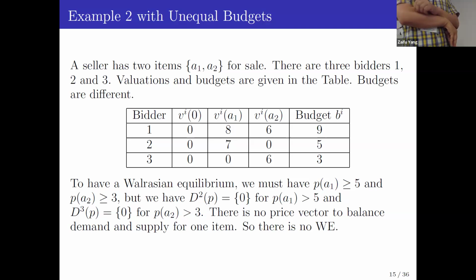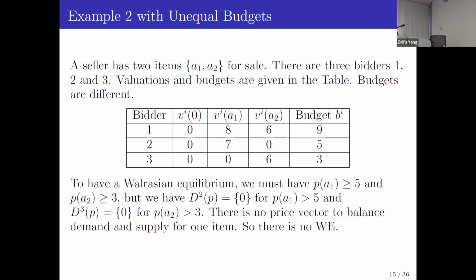Okay, and for this market, there's no Walrasian equilibrium, because in order to have equilibrium, the price of A1 should be no less than 5, and the price of A2 should be no less than 3. However, when the price changes a little bit, then what happens?